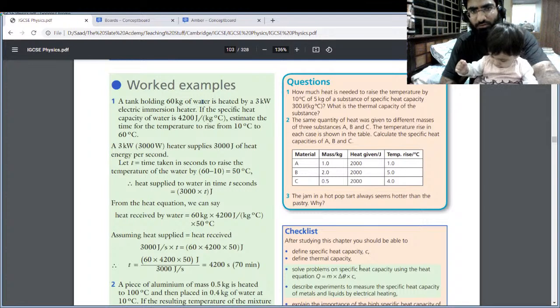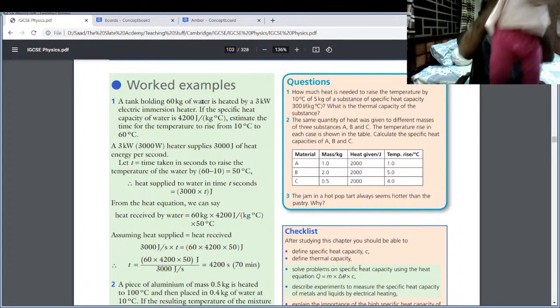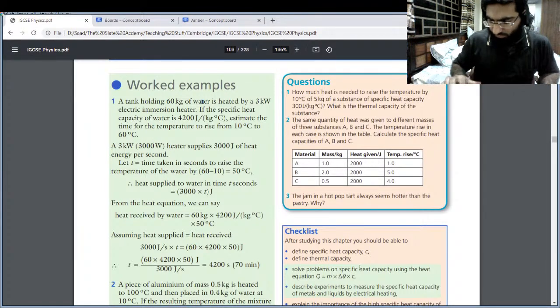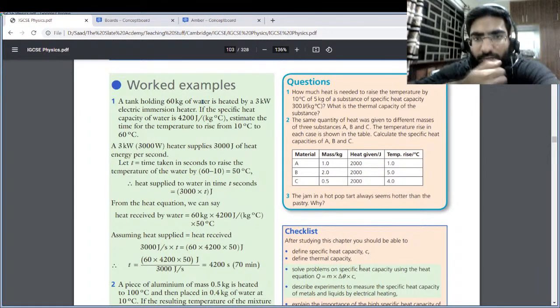You have to give thermal capacity. 15,000 joules is what?